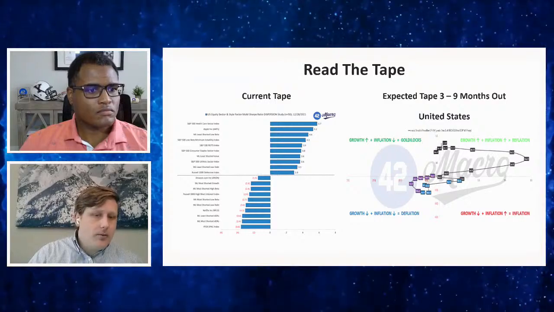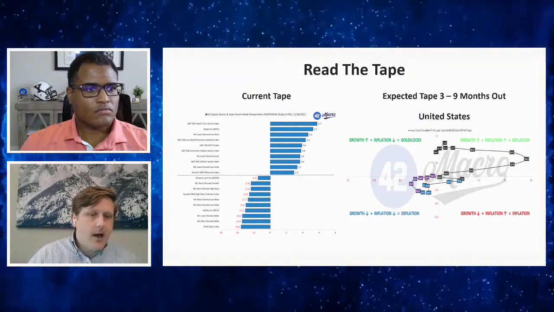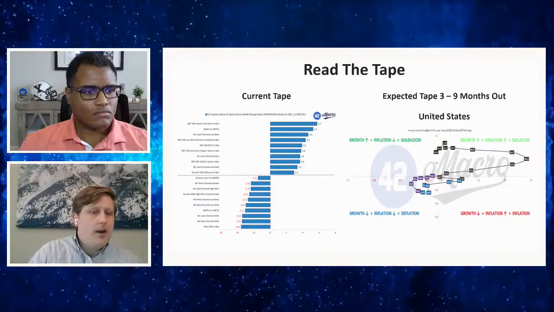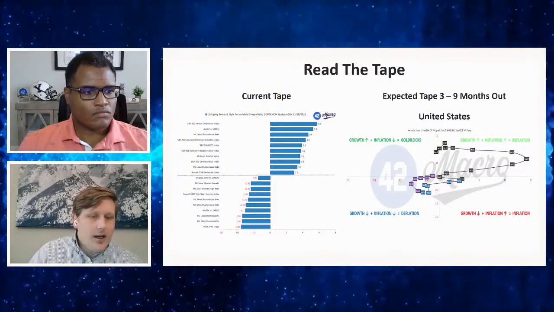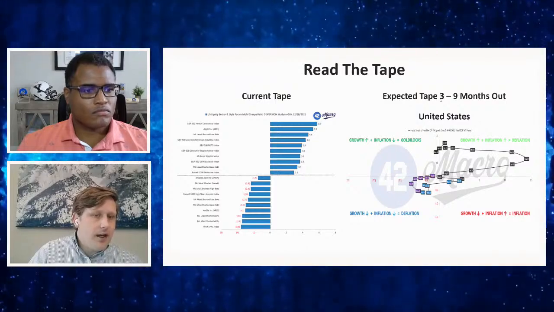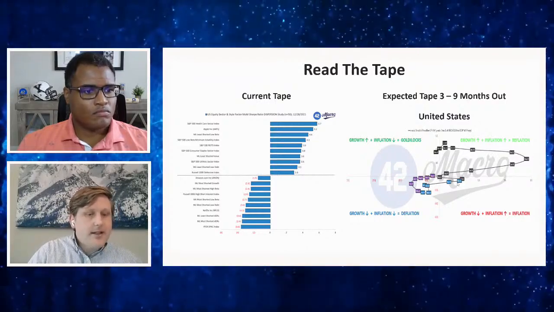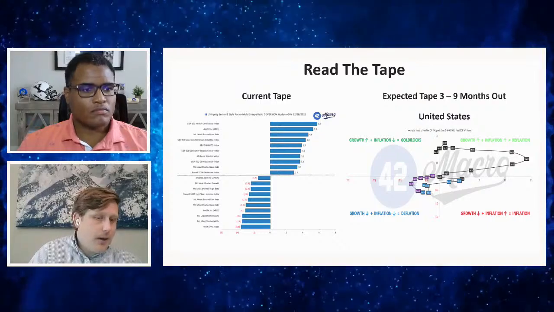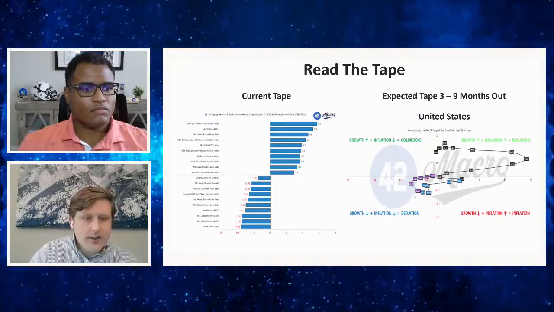But I use these bottom up economic expectations. We expect the market or the tape to price in what the economy is doing going forward. So the expected tape for the next 3 to 9 months is expected to be here, in the deflation macro regime, probably a toggle between inflation and deflation.